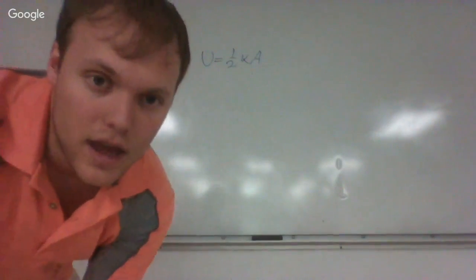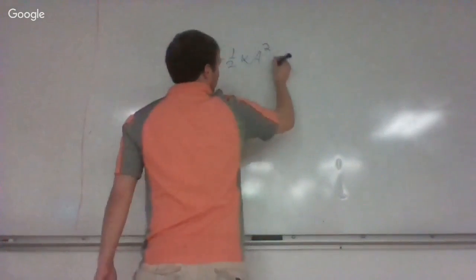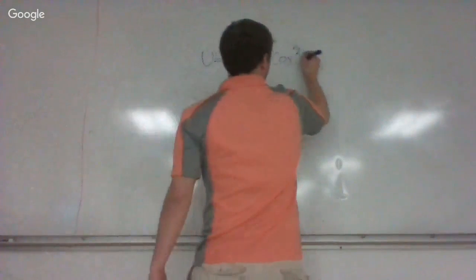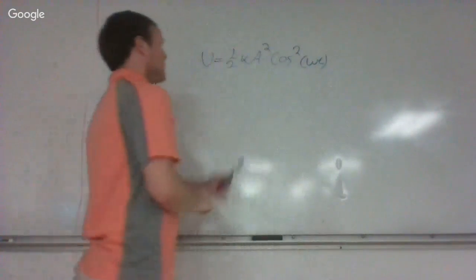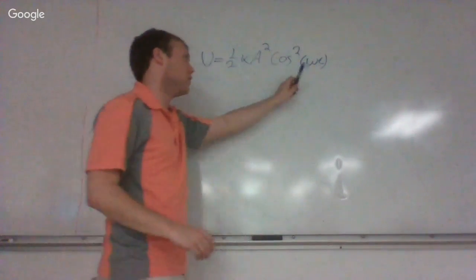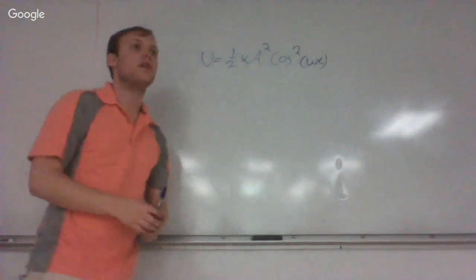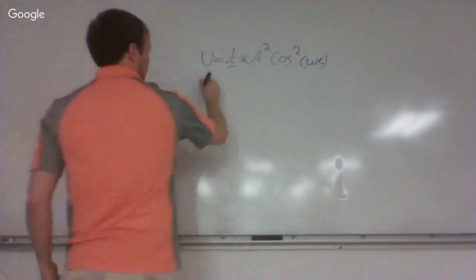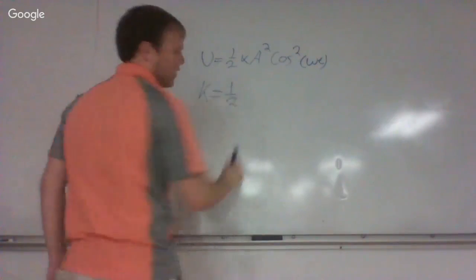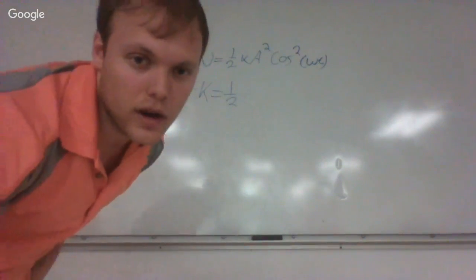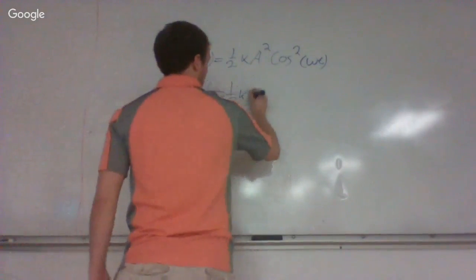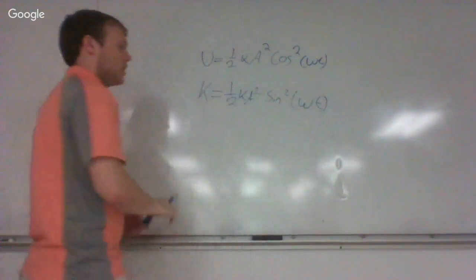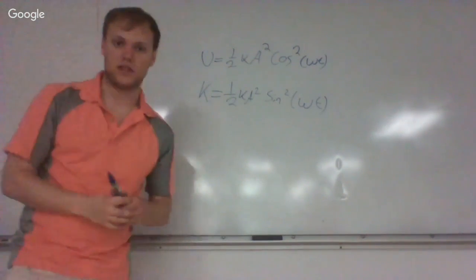Again, k is the spring constant, A is the amplitude, omega is the angular frequency. So that is your potential energy, and we came up with the term for kinetic energy, 1/2 k A squared sine squared of omega t. Again, k is the spring constant, A is the amplitude, omega is the angular frequency.